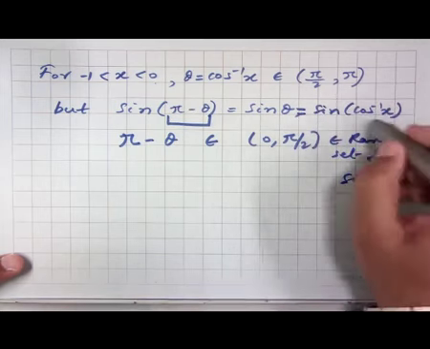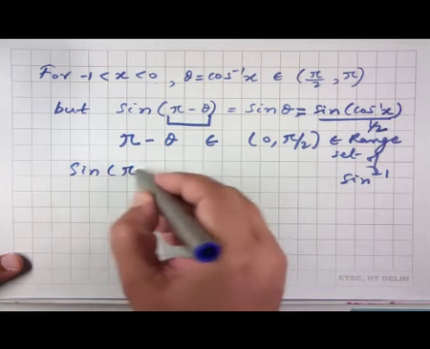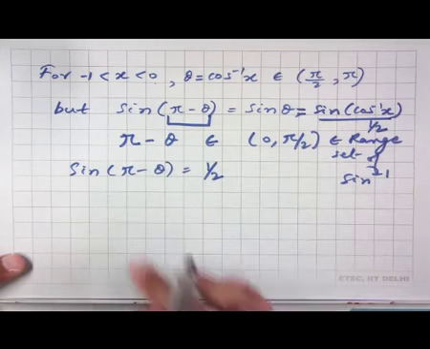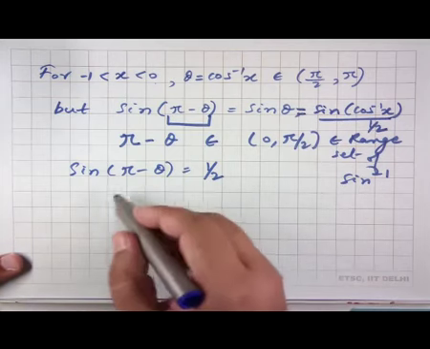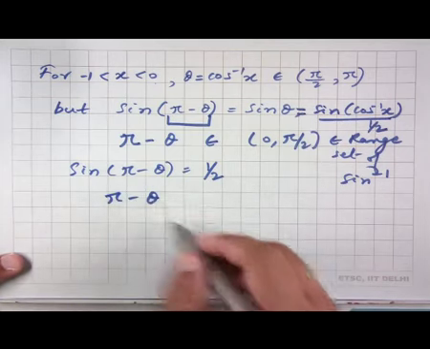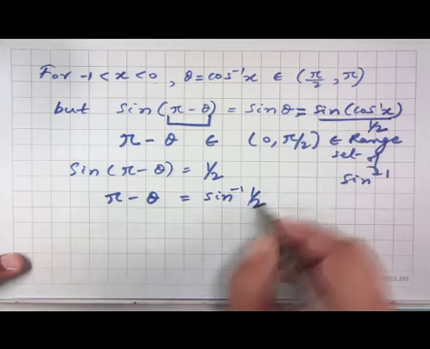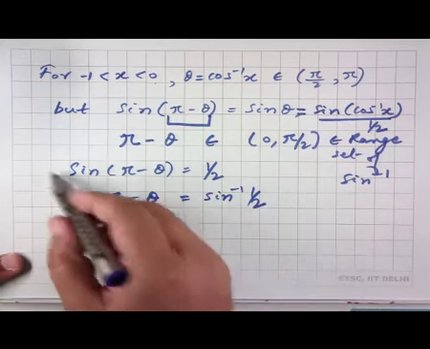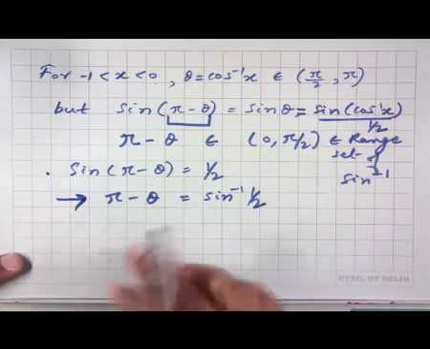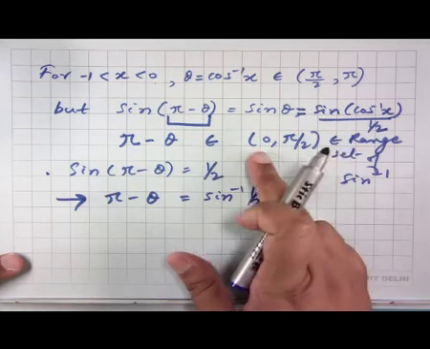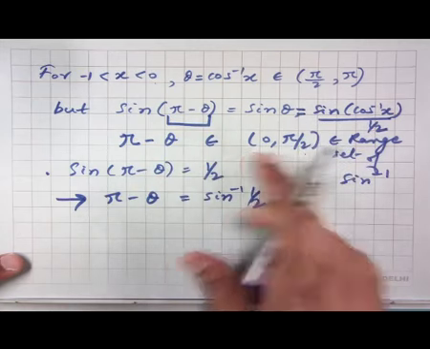So, what we have is sine of pi minus theta equals half, and then obviously we can say that pi minus theta equals sine inverse of half. We can conclude this line only because pi minus theta belongs to the range set of sine inverse.